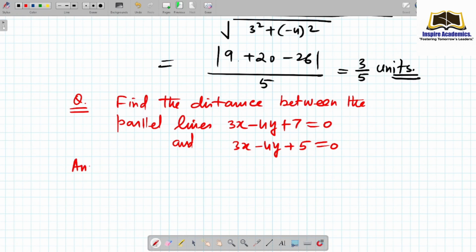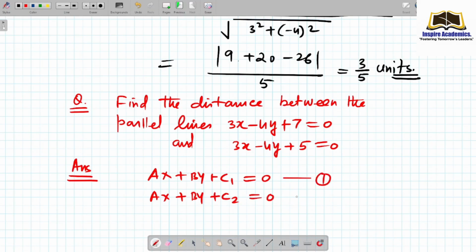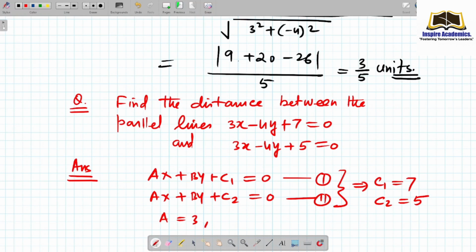Now if you see this clearly, what you have to do, follow your theory first. The first thing was ax plus by plus c1 is equal to 0 and ax plus by plus c2 equal to 0. This is equation 1, equation 2. When you compare, you get what? C1 is 7 and C2 is 5. Okay, and your value of A is 3 and B is negative 4.